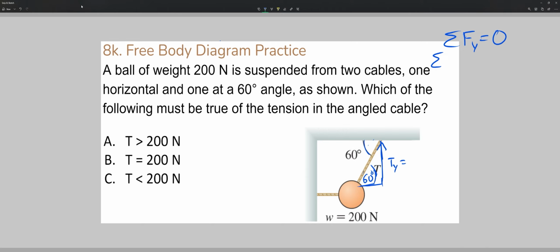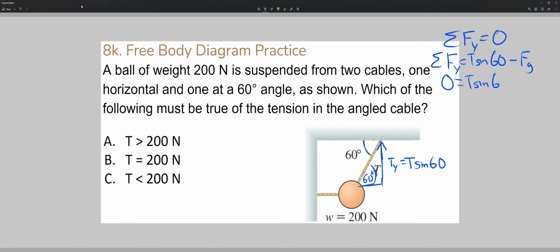So Ty in reference to this angle is opposite, so I will use sine. And I always lead with the hypotenuse, which is tension, followed by the sine because it is opposite. So T sine 60. My forces along the y direction are T sine 60 minus my force due to gravity, which is my weight, and that equals 0.